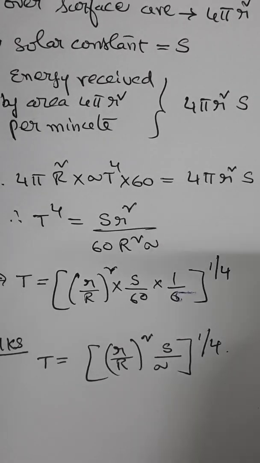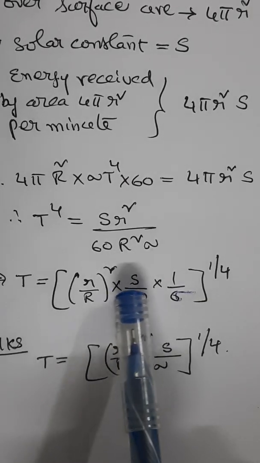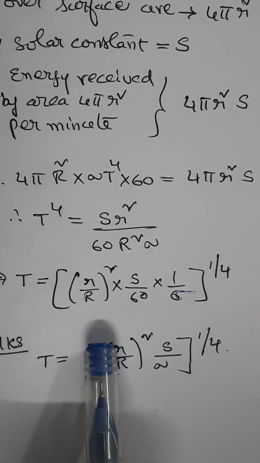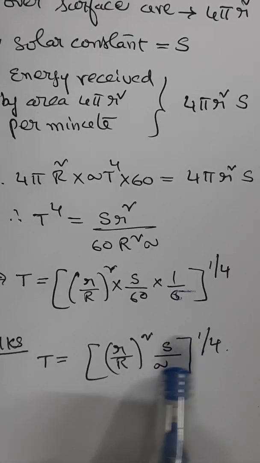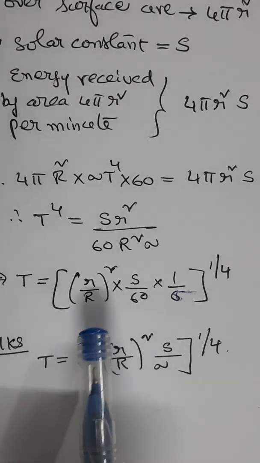So in the MKS system, you can write it like this: simply r by R whole square into S by sigma, whole power 1 by 4. The 60 will not come in the MKS system; here you are taking it for seconds.